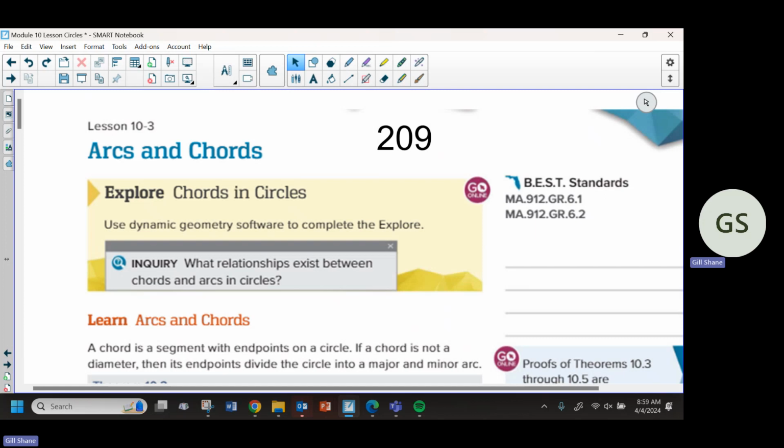Page 206. It's really just a word problem. We could read it.